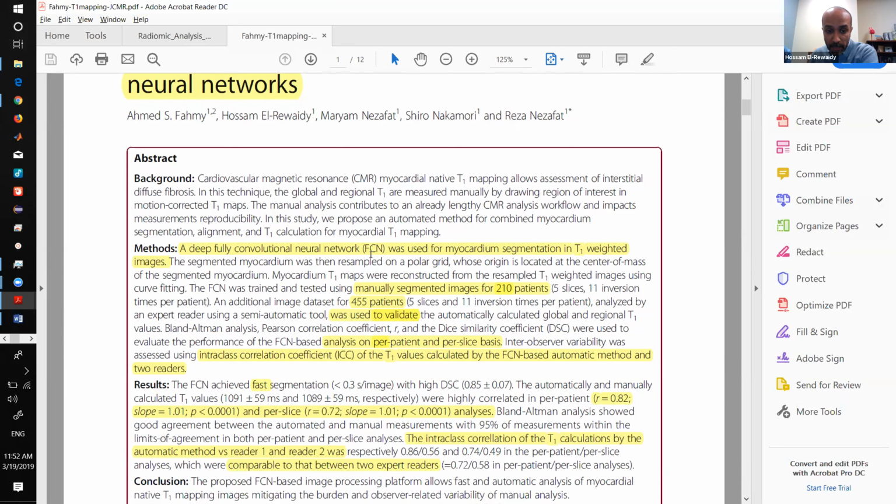For this segmentation, we used a dataset of 210 patients to train the network and test it for the segmentation. After that, we used an independent dataset of 455 patients to test the calculated T1 values using this pipeline.